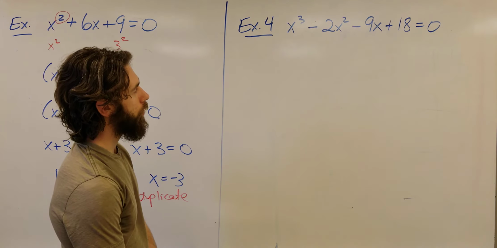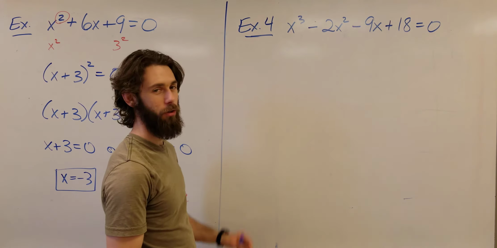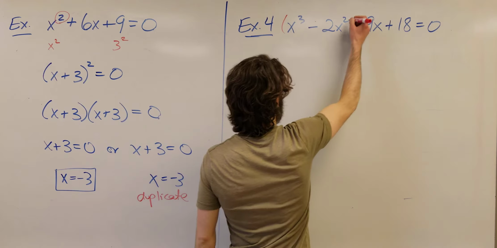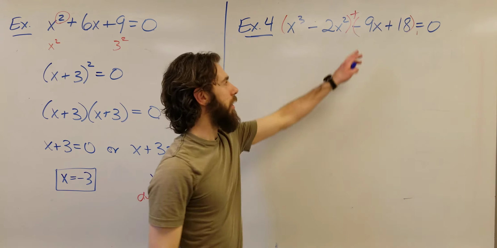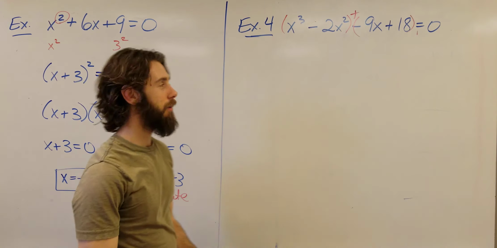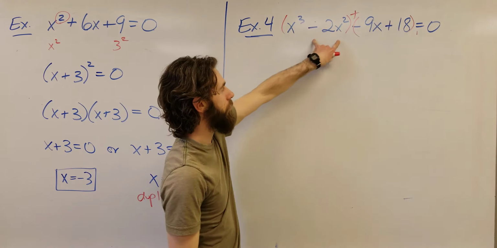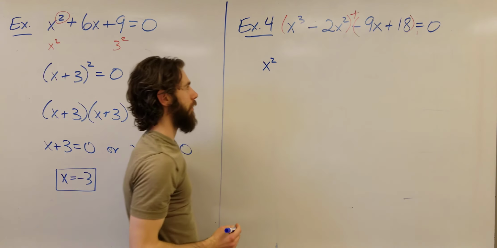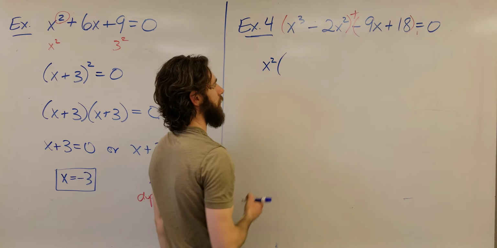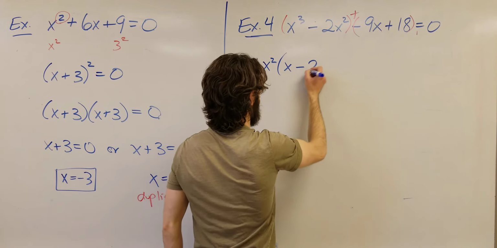Okay, so how do we want to group them? I'd say just 2 and 2 again. And make sure that a negative sign goes with the 9 there. So our first group, the common factor will just be x squared. X squared out, that leaves us with x minus 2.